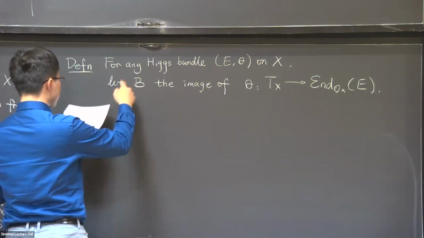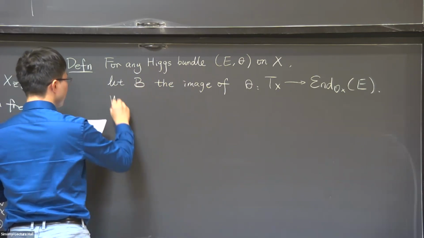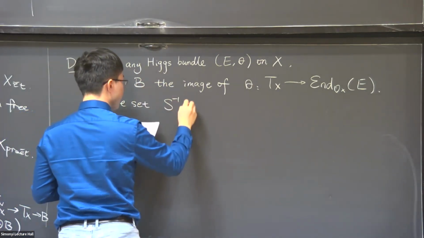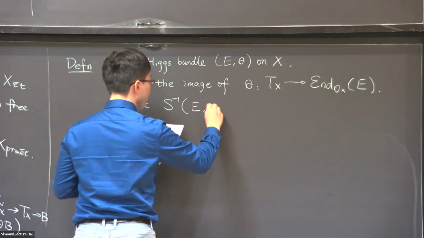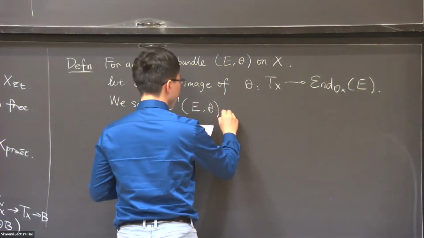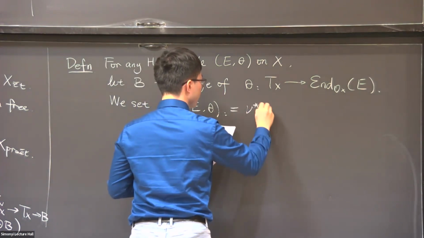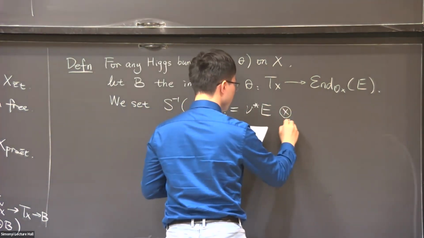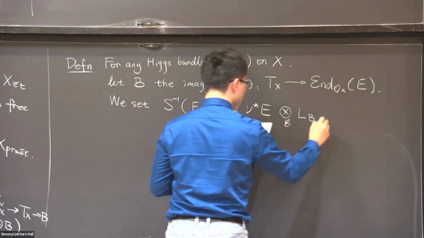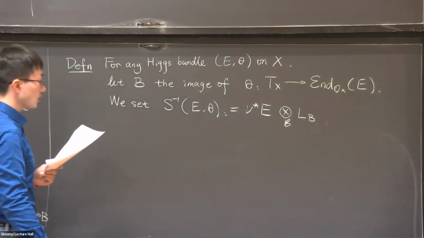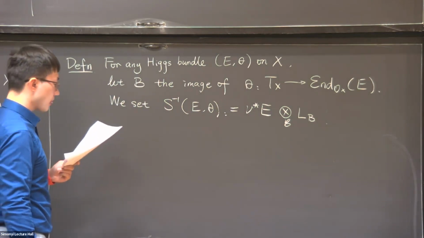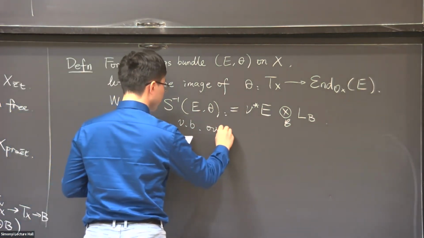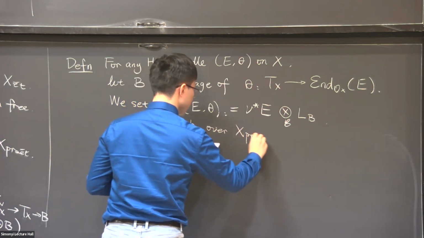Then we set S inverse, defined over this Higgs bundle, to be: we pull back E to the pro-étale site and twist by this special invertible B module. So this is a vector bundle over X pro-étale.